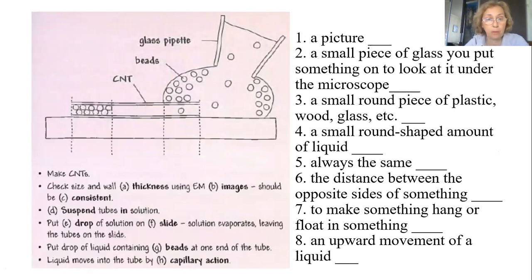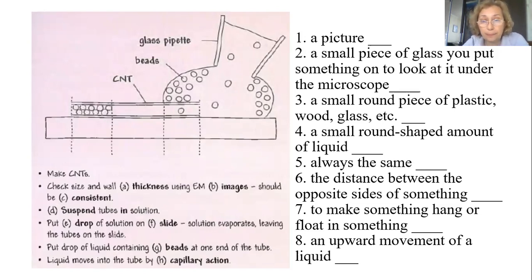Consistent. Should be consistent. Постоянный, неизменный. Okay. Консистенция, как, да? Постоянный в данном случае, consistent, неизменный.